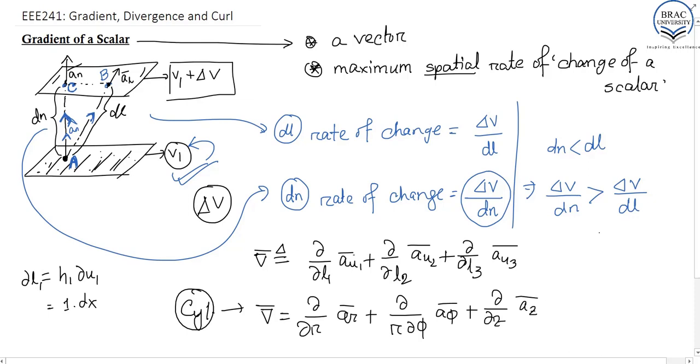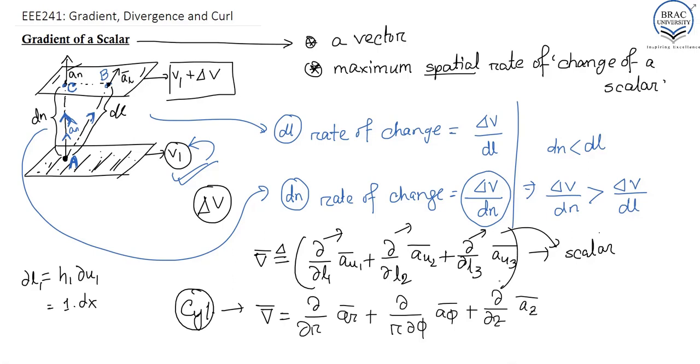If you apply this operator on a scalar, then you individually apply each of these three operators onto the scalar, right? So you're getting dV/dl1, dV/dl2, and dV/dl3. This will not be as straightforward in case of the divergence and curl quantities, but we'll see about that later.